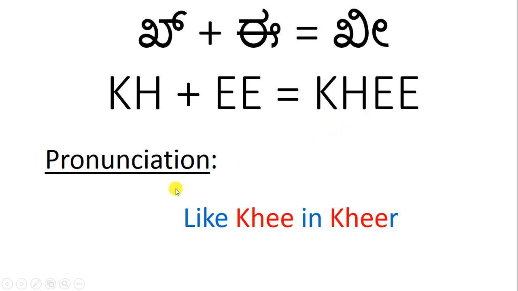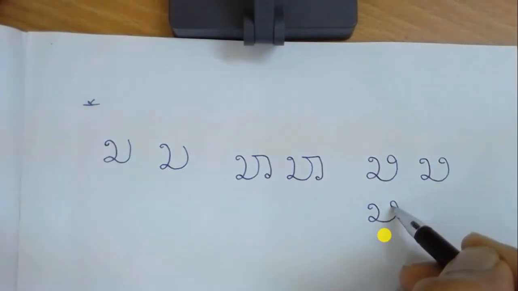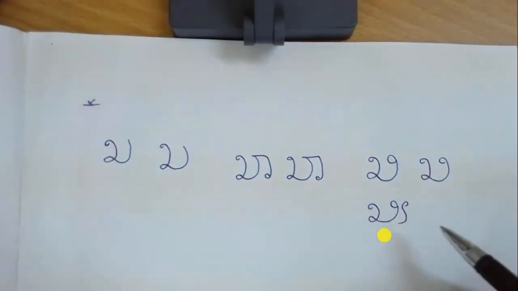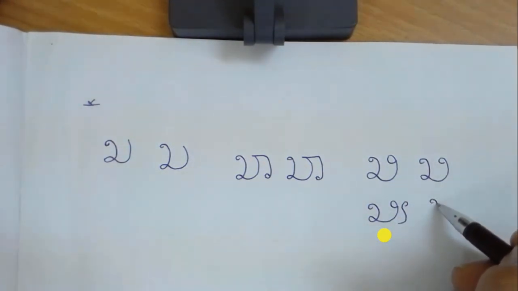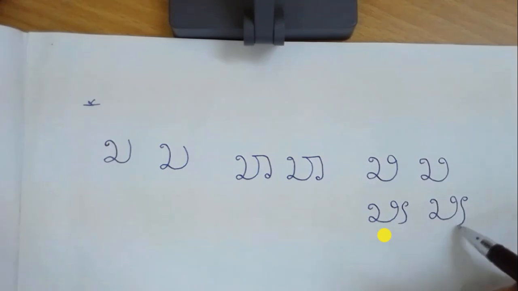The way we pronounce it is like Khee in Kheer. Kheer, once again, is a sweet that we eat in India. Writing Khee is similar to writing the previous sound, but then we have one small extension, an extra thing like this.